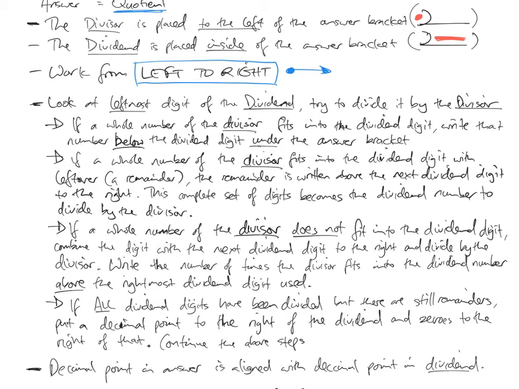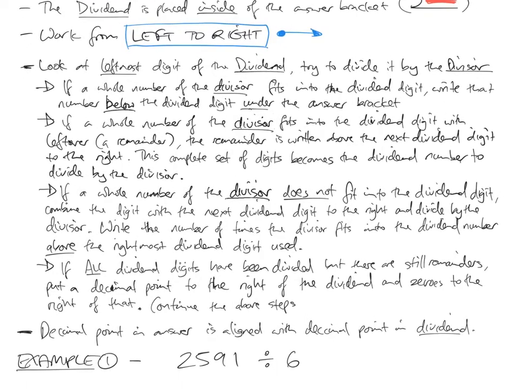Well, 2 fits twice into 5, but you would have 1 left over. You would write the 1 above the next dividend digit to the right. This complete set of digits on the right, the next dividend digit on the right, becomes the whole dividend number you're going to try to divide next time. That step will be made clearer when we do an example. It's a bit confusing now with just the words.